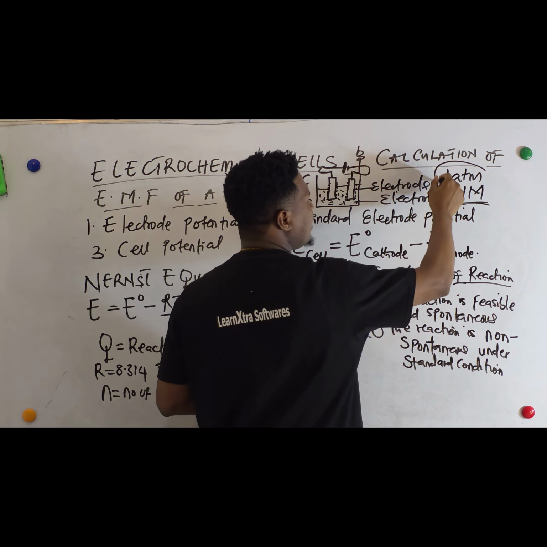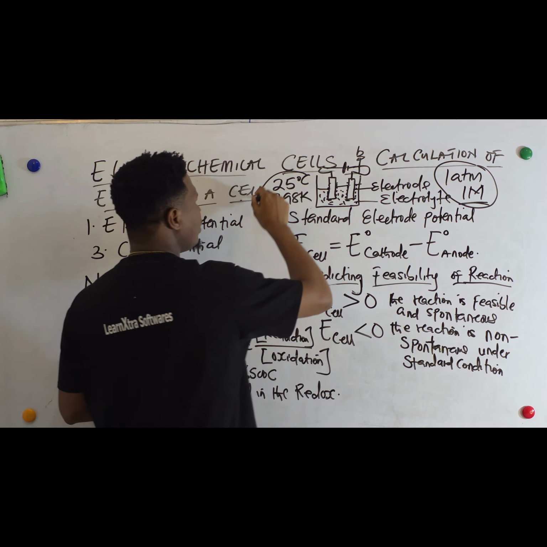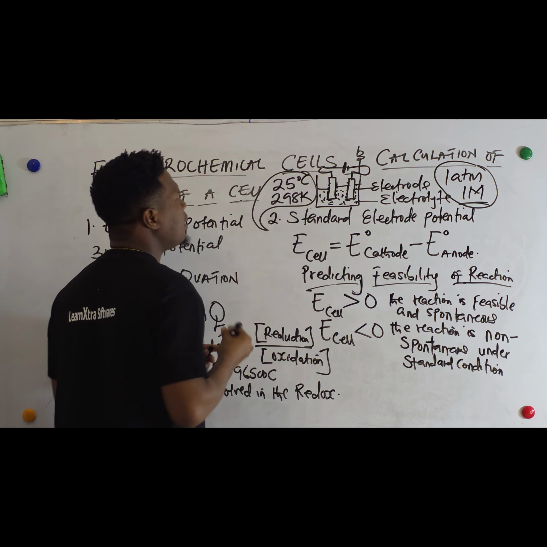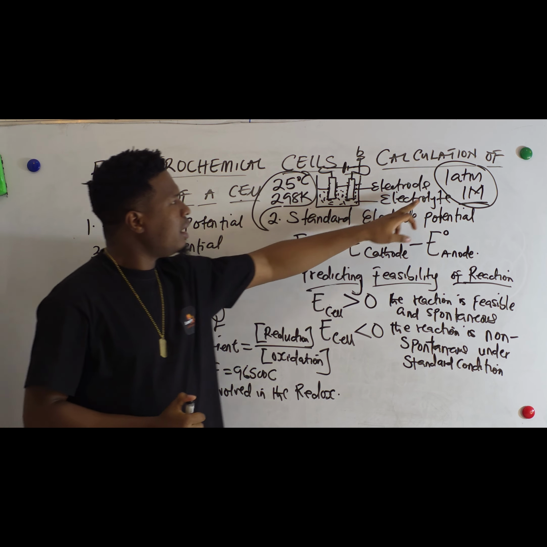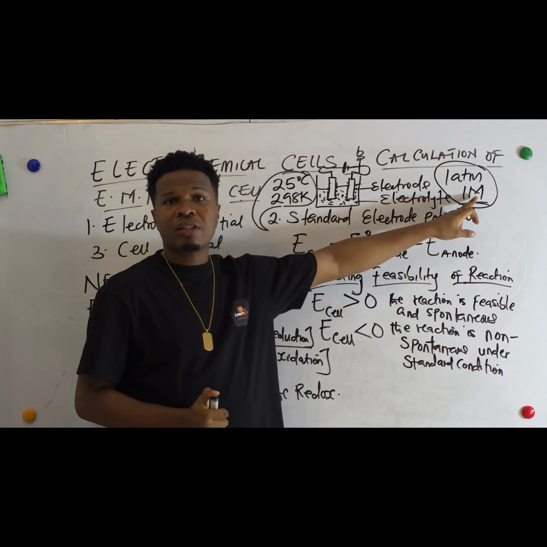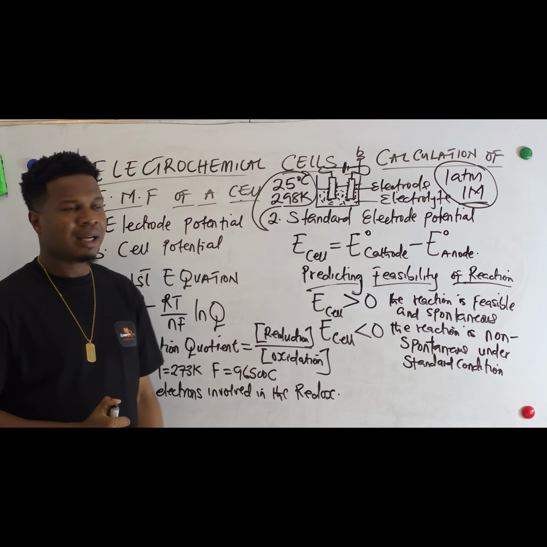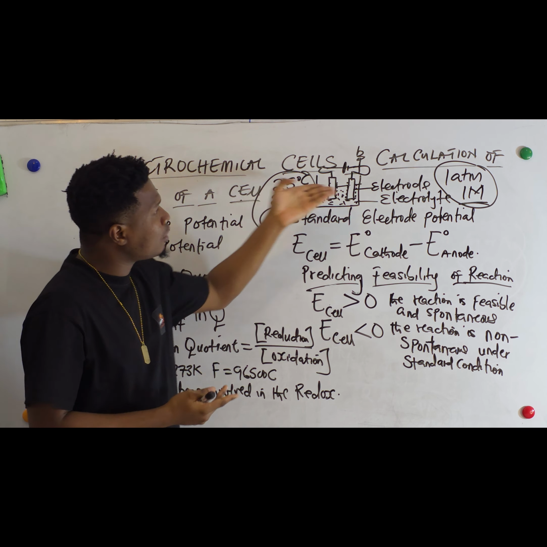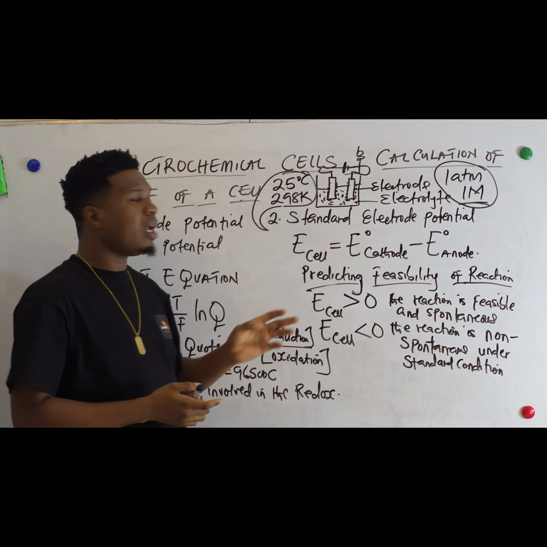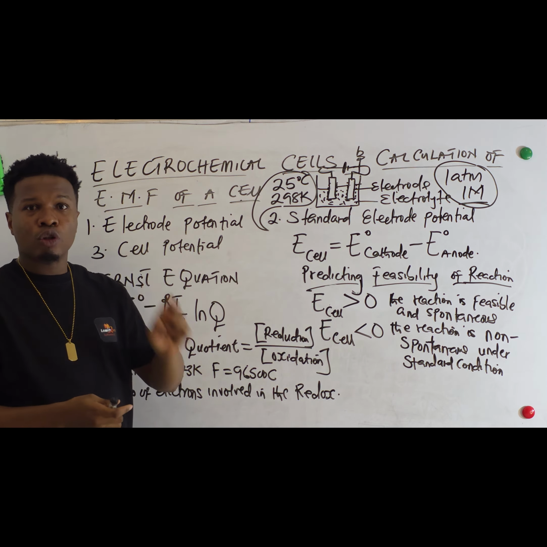So for it to be called a standard electrode potential, it must have a temperature of 298 Kelvin, the pressure must be 1 atm, and the concentration must be 1 molar. The electrode potential developed under these standard conditions is what we call standard electrode potential.